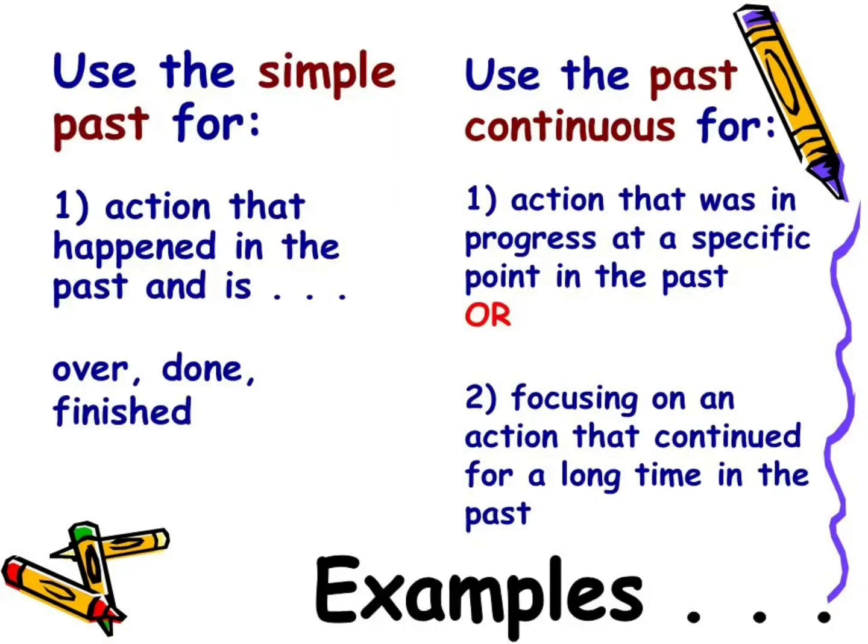The next is about comparison of simple past versus past continuous. The simple past is for an action that happened in the past and is over, done, and finished. Use the past continuous for an action that was in progress at a specific point in the past, or to focus on an action that continued for a long time in the past.